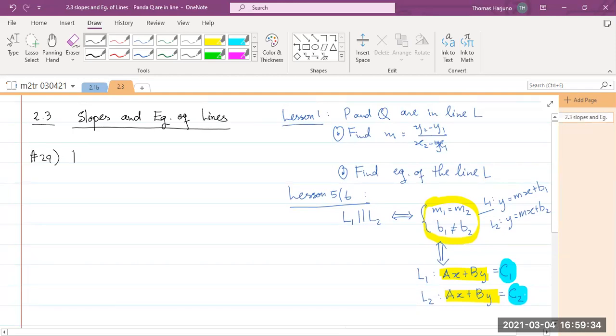Find the equation of the line containing (3, -1) and parallel to 5x minus 2y equals 4.